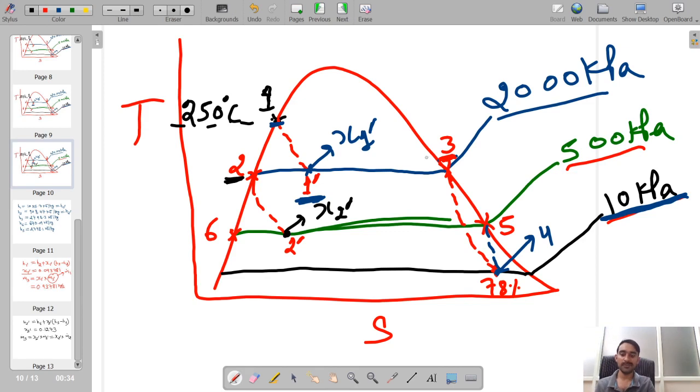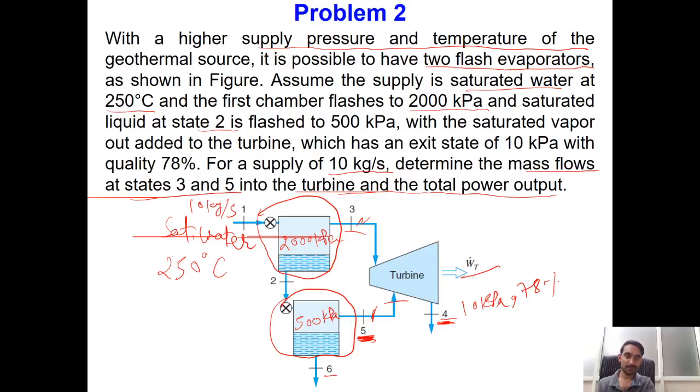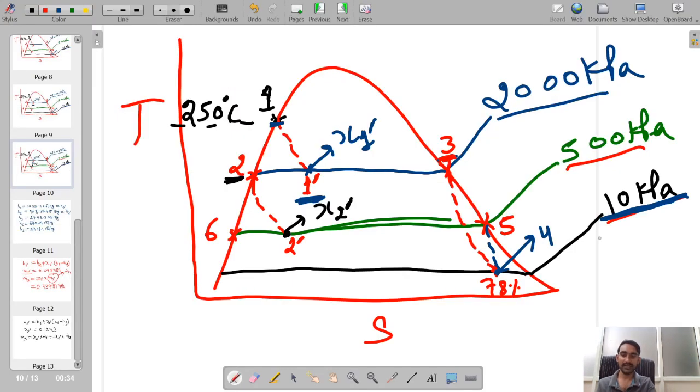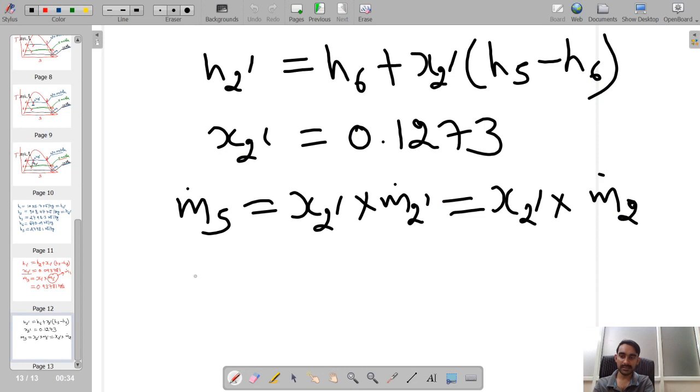How? If you apply the mass balance across this, m1 dot is coming in, and leaving is m2 dot plus m3 dot. So to determine m2 dot, that will be m1 dot minus m3 dot, and m1 dot and m3 dot I have already determined.